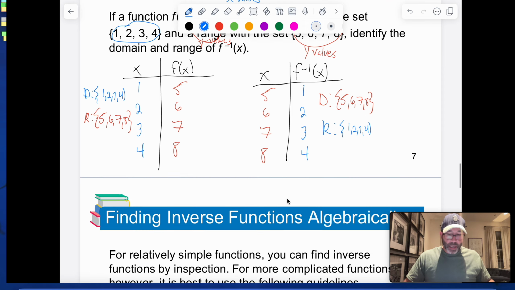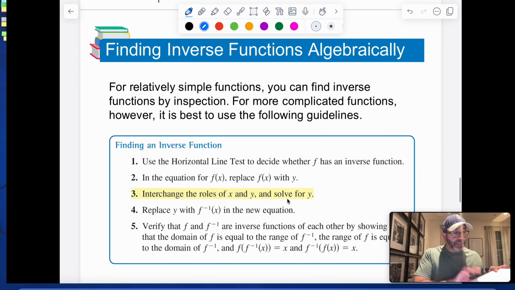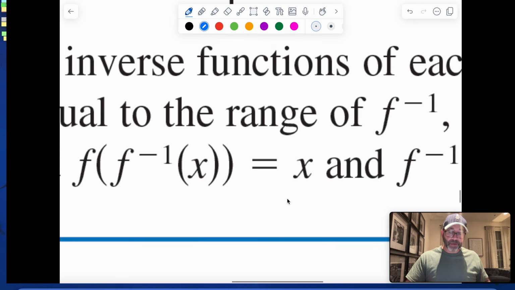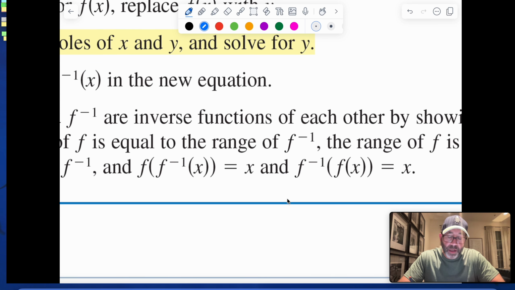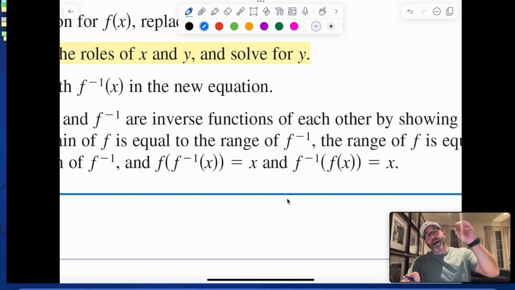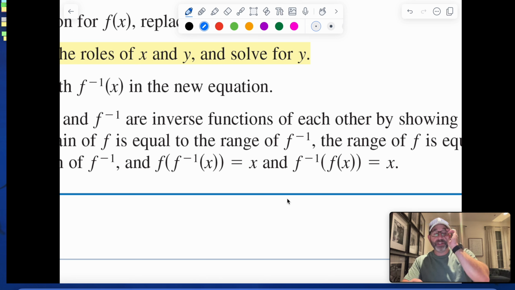All right? So how do we find inverses when we're doing them algebraically? Okay, what we do algebraically is, this is where we learned about in 1.5, we talk about composition functions and taking one function and putting them into the other. So the rule is that if I take my second function and I put it into my first function and I simplify it, I should end up with x for the answer.